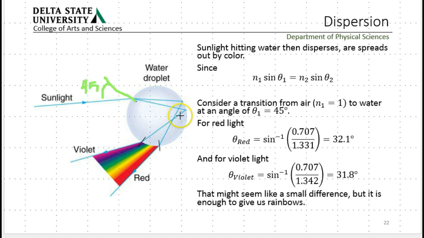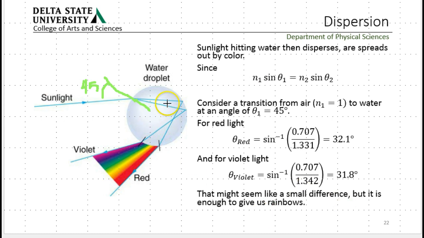Then we look internally. What happens with respect to this angle? Well, the red light bends to 32.1 degrees and the violet light bends to 31.8 degrees once you put in all the numbers. And this 0.707 is just the sine of 45 degrees.